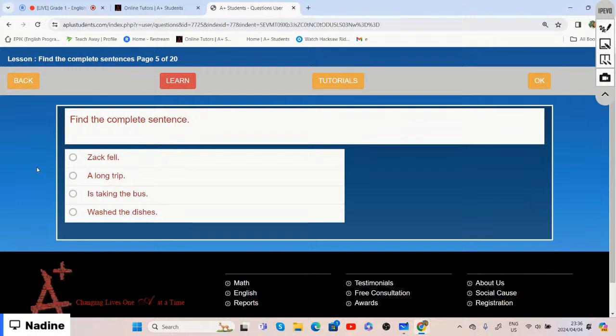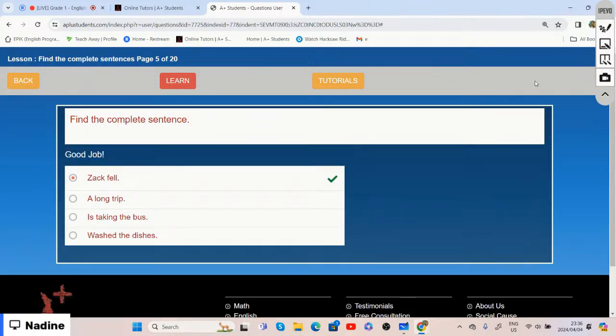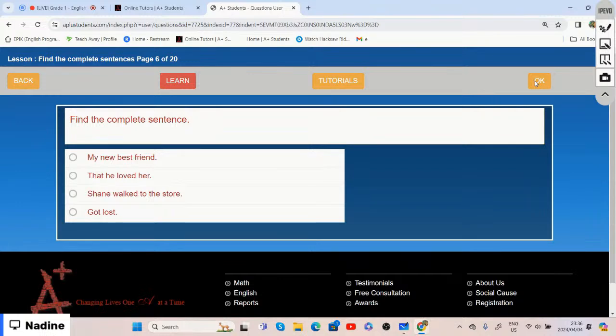If we find the complete sentence with both a naming part as well as an action part, we can say Zach fell. Zach is our naming part and fell is our action part.